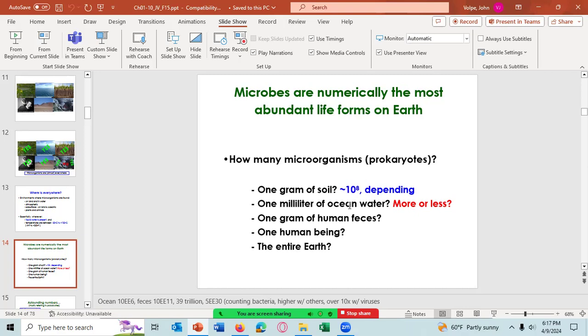In a milliliter of ocean water, do you have more or less microbes than you have in 1 gram of soil? Anyone have a guess? More. No, actually, the oceans are considered a desert on the planet. You have less. In 1 gram of human feces, do you have more or less?